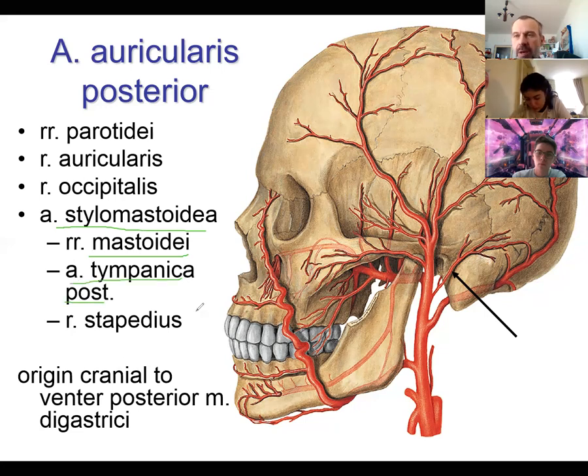It runs together with the chorda tympani, through the posterior or mastoid wall. And it also goes into the pyramidal eminence to supply the stapedius muscle, so it gives the stapedial branch. These are smaller ones, but they are important for the blood supply of the ear area. So this is the posterior auricular artery.